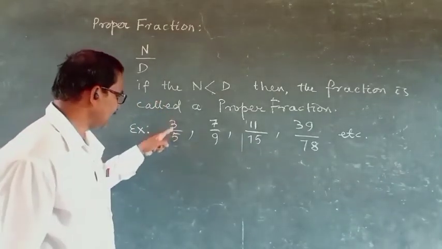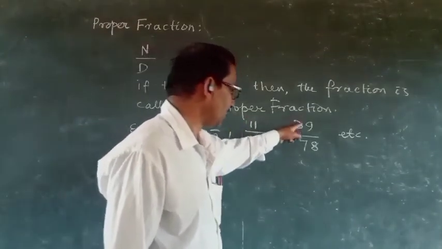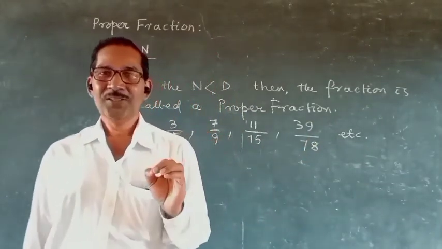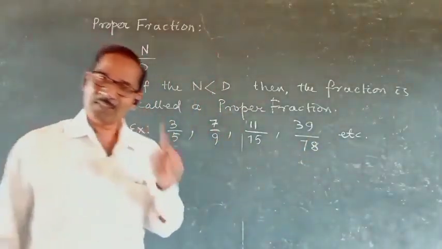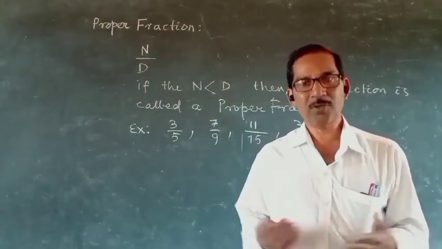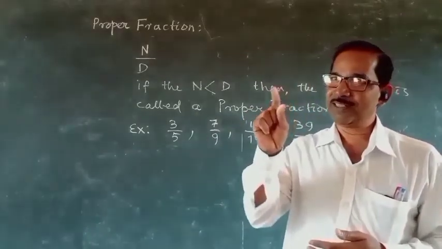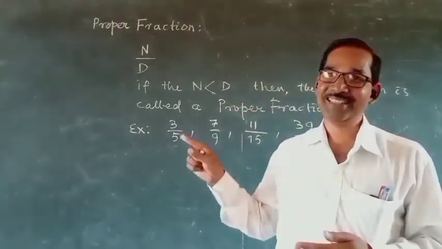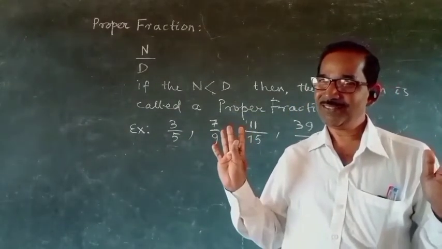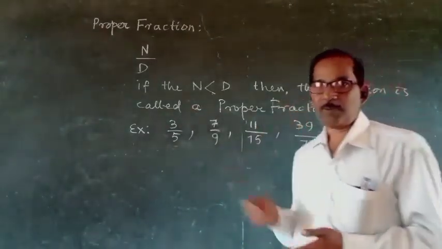Here 3 is less than 5, 7 is less than 9, 11 is less than 15, 39 is less than 78. Okay? So the proper fraction must have its denominator greater than the numerator, or the proper fraction must have the numerator always less than the denominator. Is it clear to you all now? Okay. So this is the proper fraction.